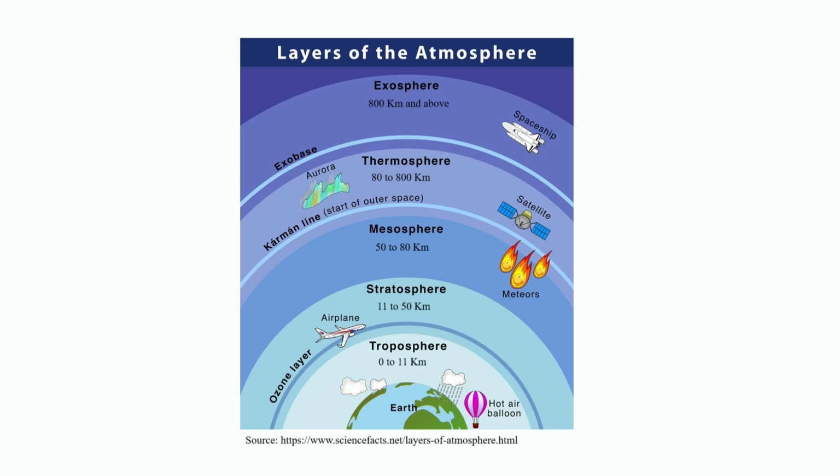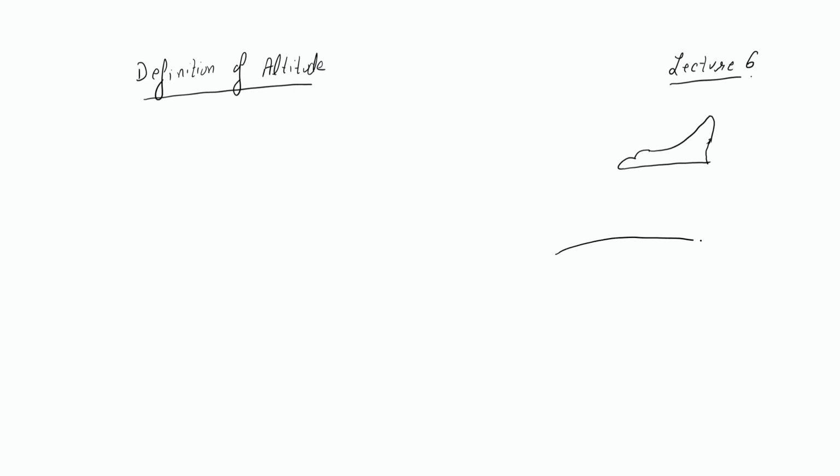Now let us quickly begin the standard atmosphere. Before that we need to define the altitude. Assume this is the aircraft, and this is the curved surface of the earth.